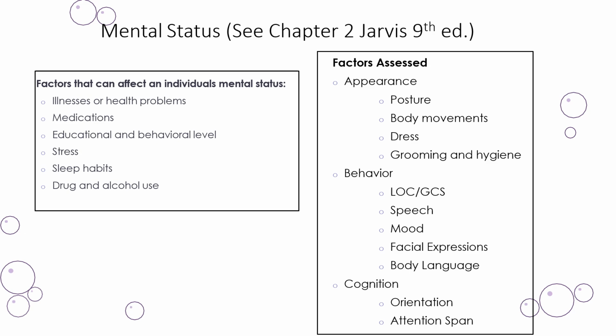Sleep habits, lack of sleep can decrease the mental status. Drug and alcohol use. Drugs and alcohol can depress the mental status. So the things that we want to look at when we are determining the mental status is their appearance, their behavior, and their cognition.